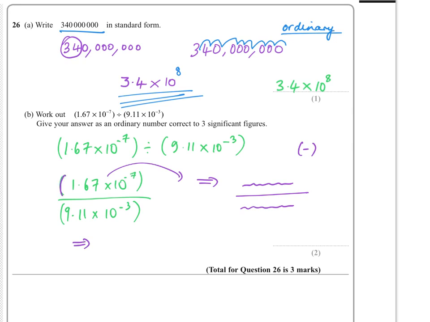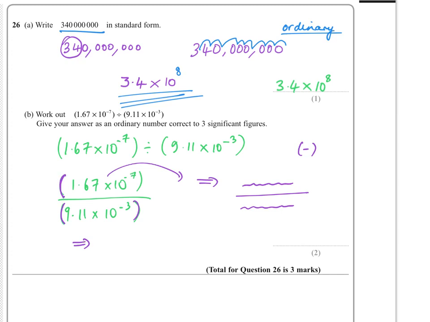I'm just going to key in bracket and then 1.67 times 10 to the power negative 7. And then I'm going to close the bracket, and then I'm going to press the divide key and then open the bracket again, and then type in 9.11 times 10 to the power negative 3, and then close the bracket.